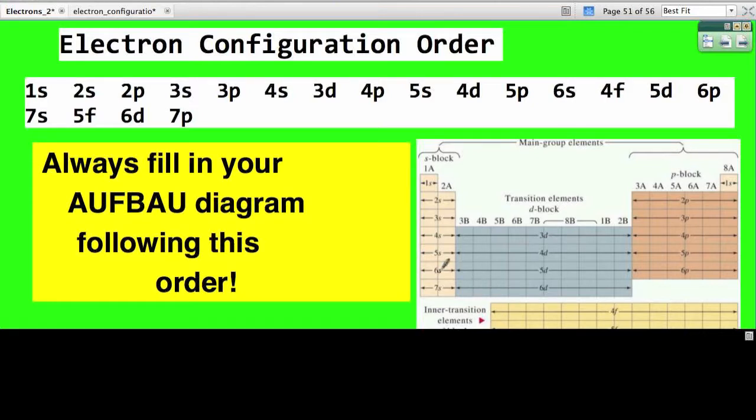Between the 6s we will actually go to the 4f and then 5d, 6p. Remember, these two actually go right here. Whenever we get into 7s, we go into 5f, then 6d, and then we continue and so on.